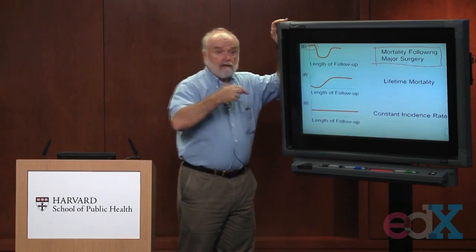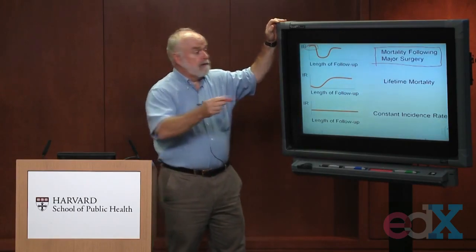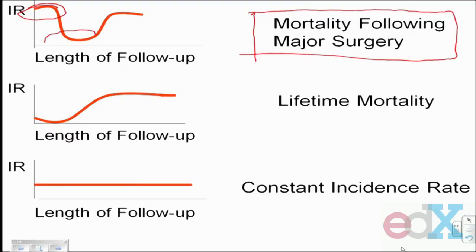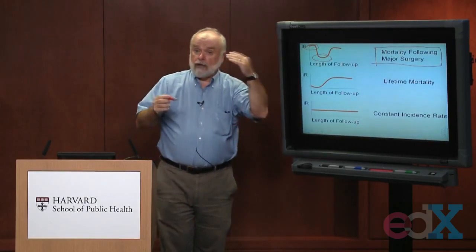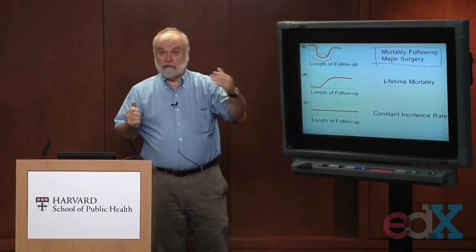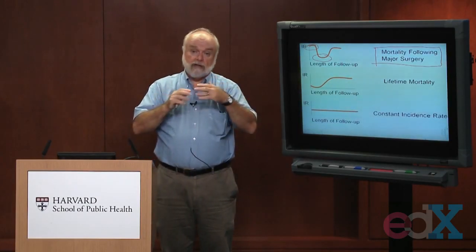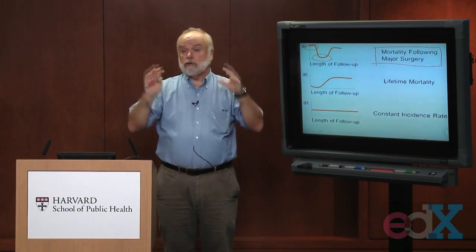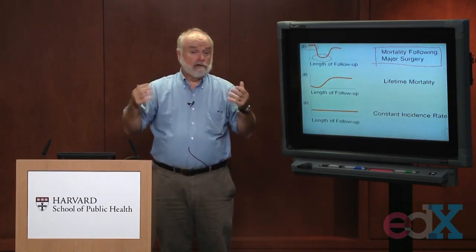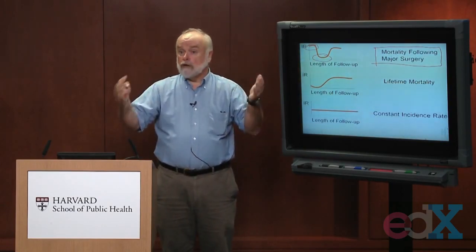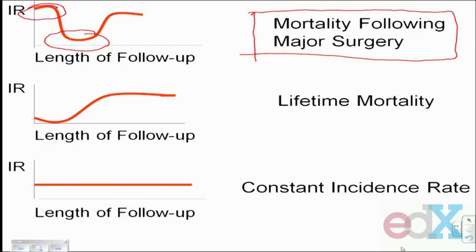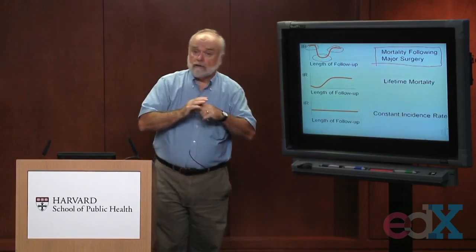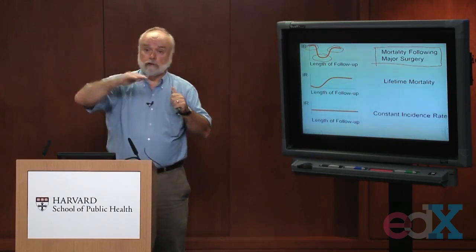Your incidence rate in the coming weeks, months, or years might suddenly be a very lower value, your incidence rate of dying. But as you age, your risk of dying increases. So if you measure the incidence rate well on into the future, 10 years after the surgery, 20 years after the surgery, those people are now 10 years older, 20 years older, their incidence rate of dying is going to be a higher value. So it could well be that your incidence rate function looks like a roller coaster.